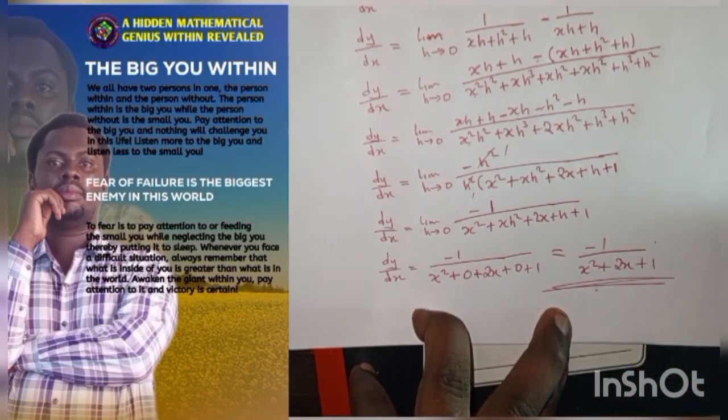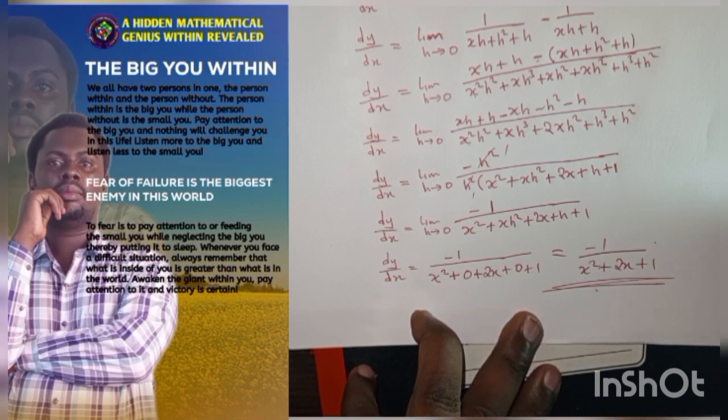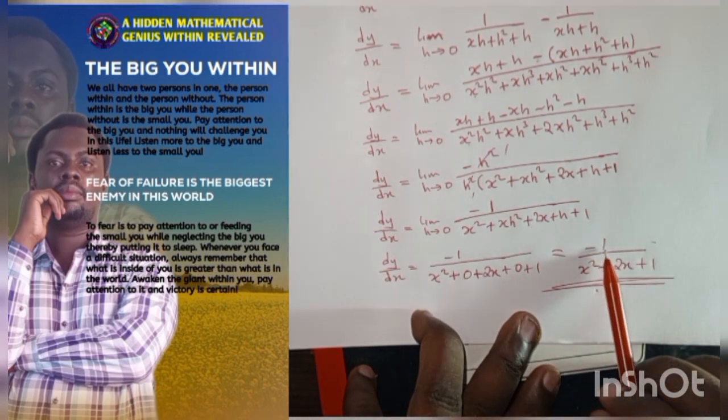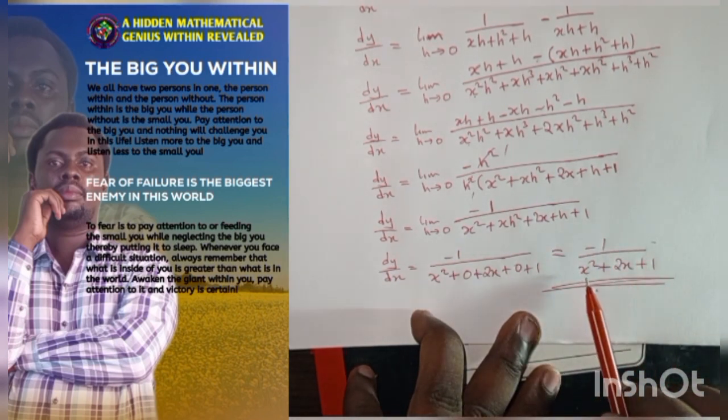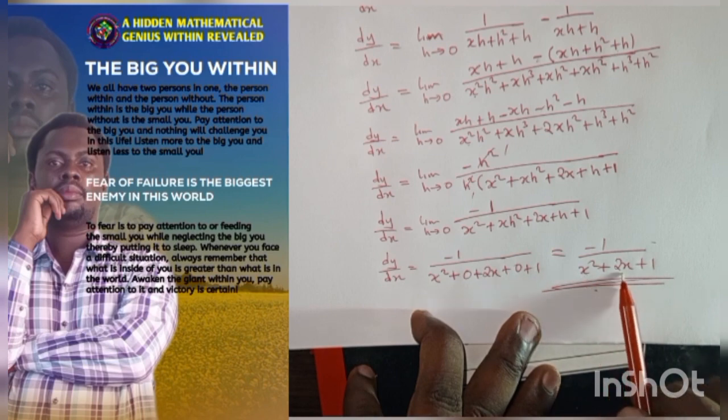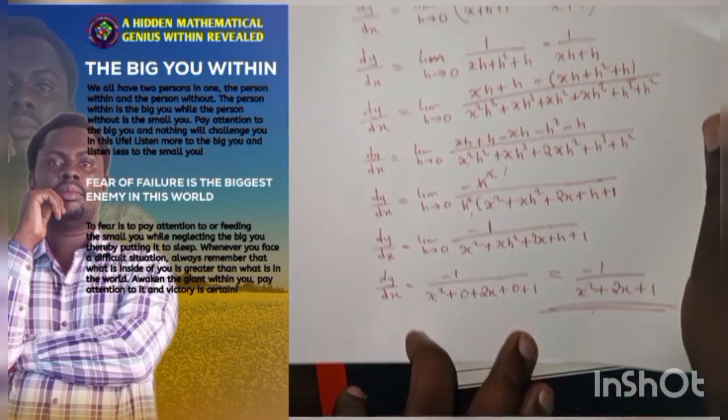So we have found the derivative. So this is the derivative of y with respect to x from first principles. So you get it's minus 1 over x squared plus 2x plus 1.